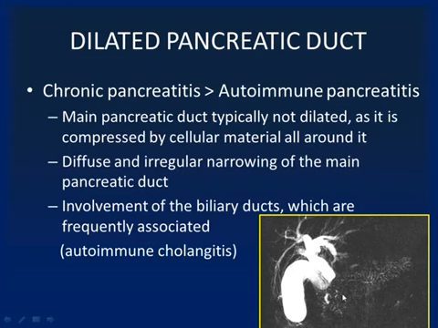And so, in general, as in this case, we see diffuse and irregular narrowing of the main pancreatic duct and associated involvement of the biliary ducts, which can involve also the intrahepatic bile ducts in a form of autoimmune cholangitis.